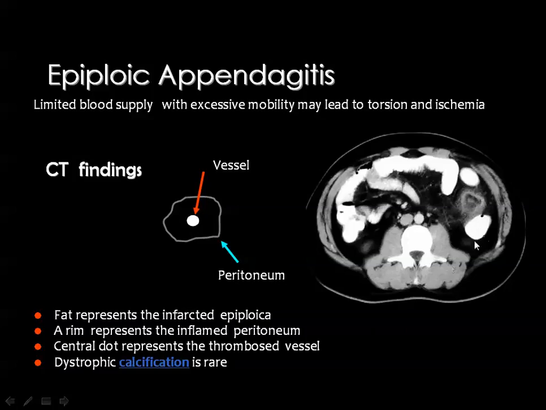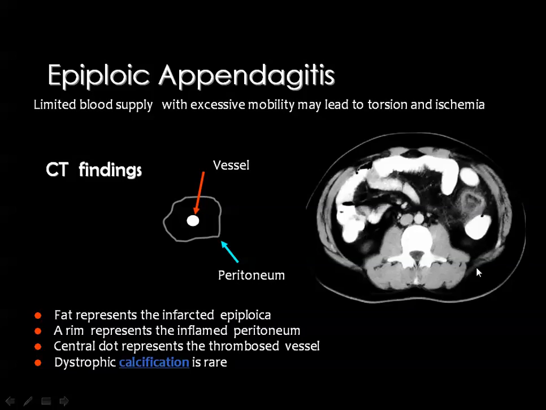There is a margin surrounding the lesion, which represents the parietal peritoneum, and this is the fat of the appendage itself, and this is the vessel which has been thrombosed secondary to torsion. Then around this lesion in the outside area you can see reticulation and stranding of the fat planes.